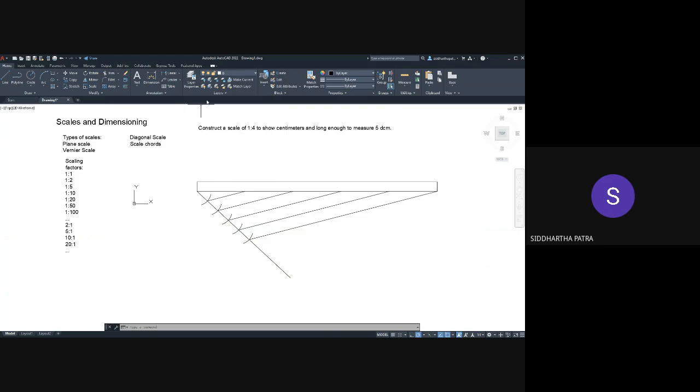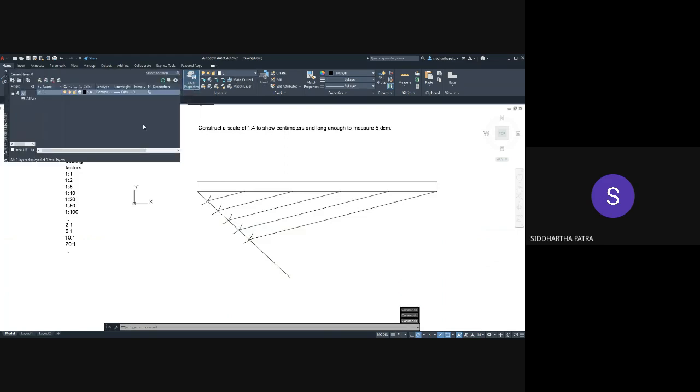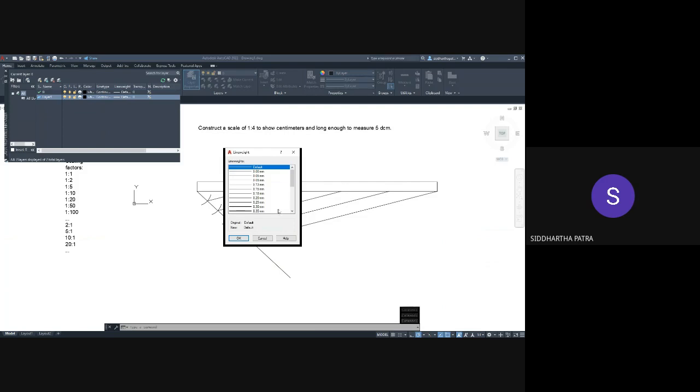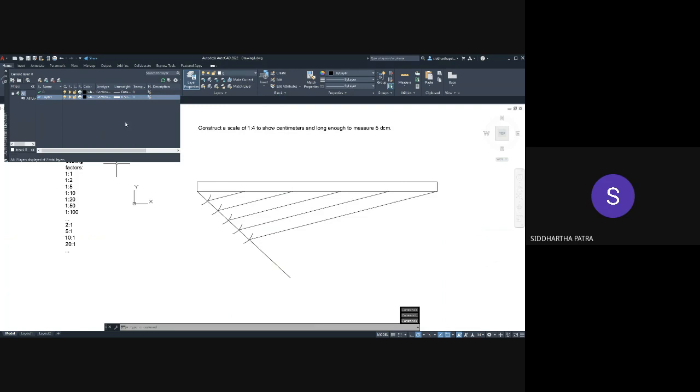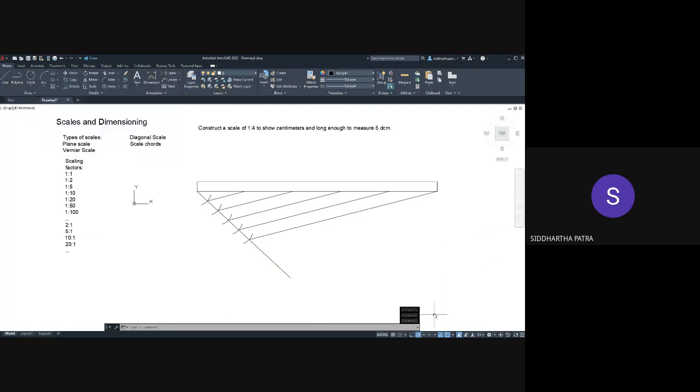So for that, in AutoCAD terms, you are actually supposed to create a new layer. And we would make it a thick layer. And we would make line thickness visible.